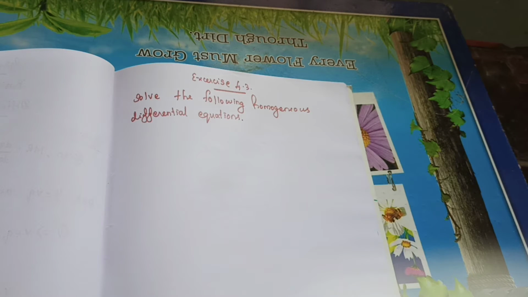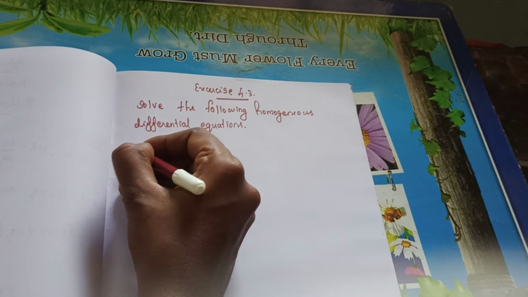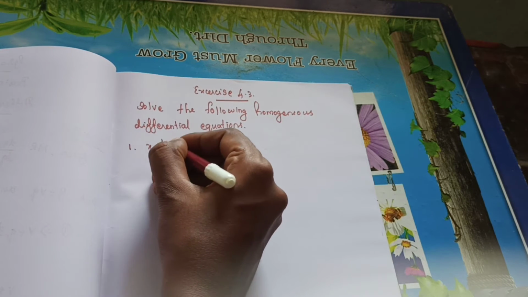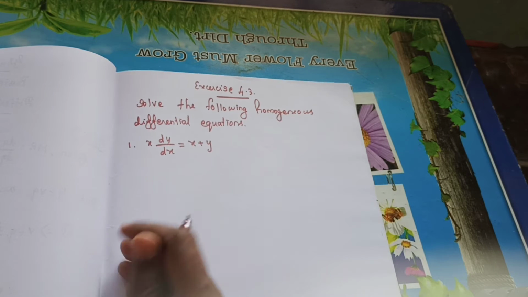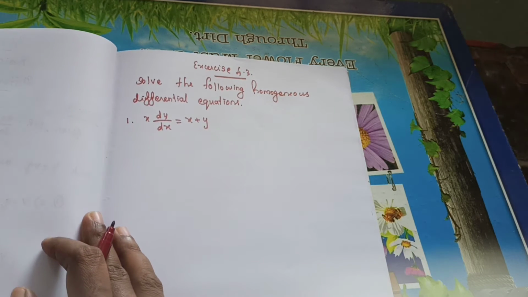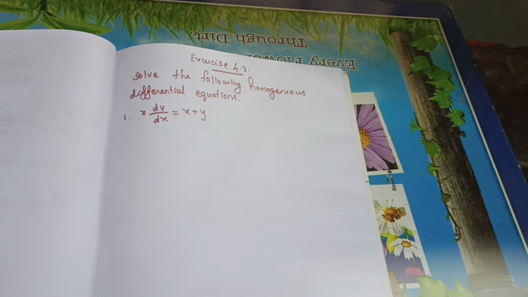Solve the following homogeneous differential equations. First one, x into dy by dx is equal to x plus y. Okay, so very easy problem.